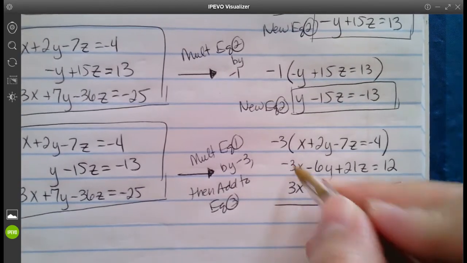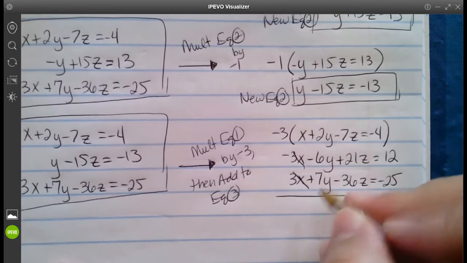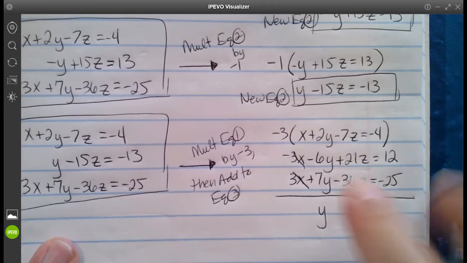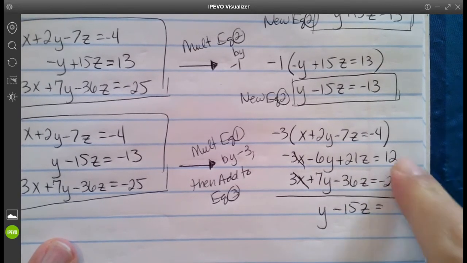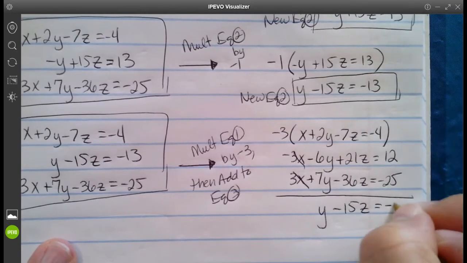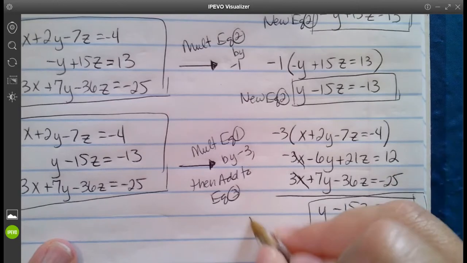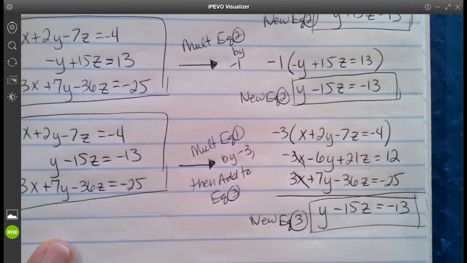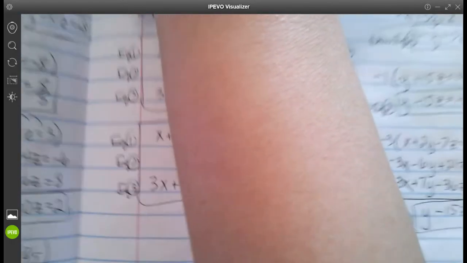We add these, so my x's are gone. Negative 6y and 7y is positive y. 21 and minus 36 is minus 15z. And 12 minus 25 is negative 13. So this is now our new equation 3.